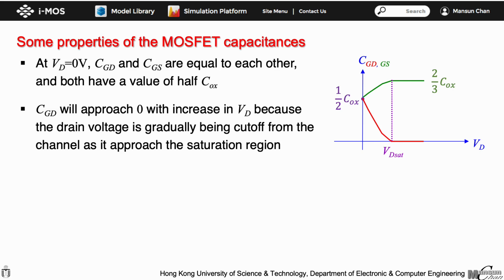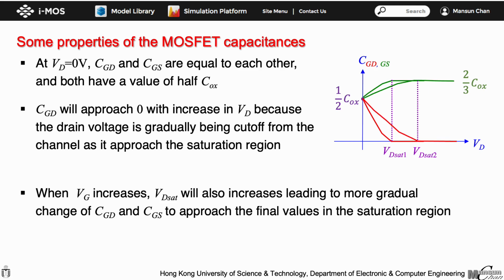CGS, on the other hand, picks up all the channel charge, and it will become 2/3 of Cox after entering the saturation region. When VGS is increased, the VD set is also increased. Therefore, the change of CGD and CGS with respect to VD is more gradual.